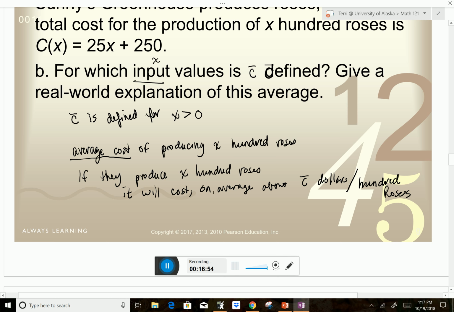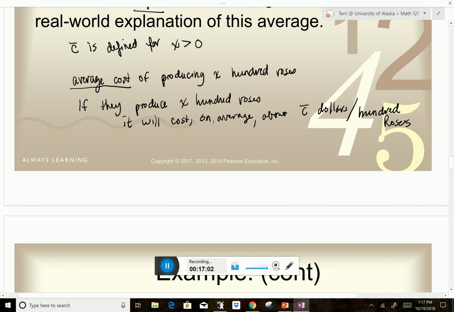So that's essentially what they're trying to say. If they produce x hundred roses, it will cost, on average, about C bar dollars per 100 roses.